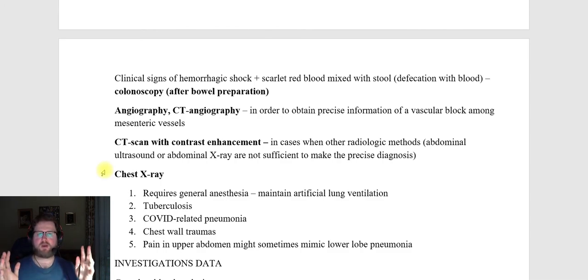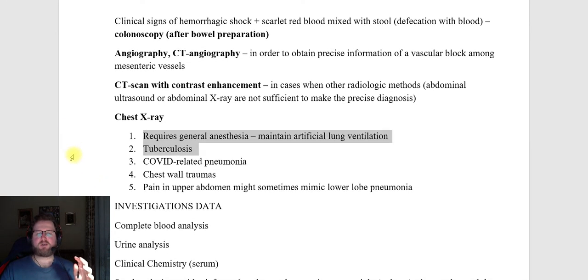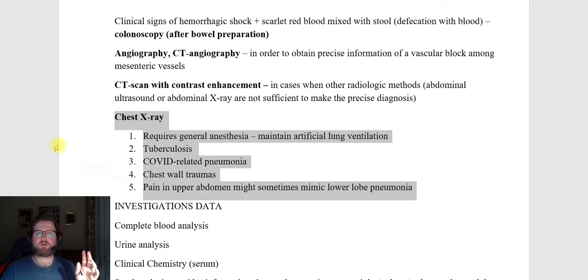And if it prolongs the time of diagnostics, that creates a delay from diagnostics to treatment. And if the patient you're dealing with has signs of peritonitis, his time is very valuable. The longer you keep him without treatment, the worse his prognosis will be. So if the patient's condition is severe, don't use time-consuming methods. Do something which will give you maximum information for minimum time.